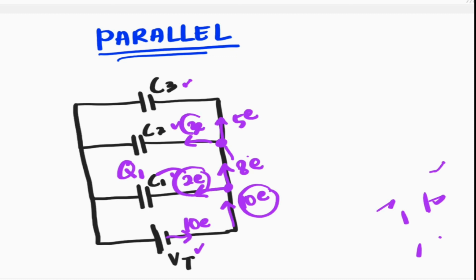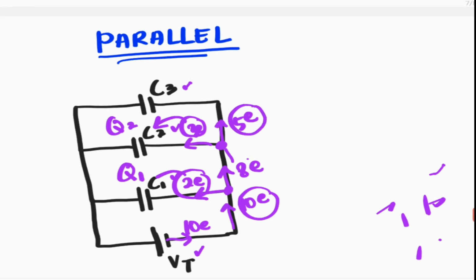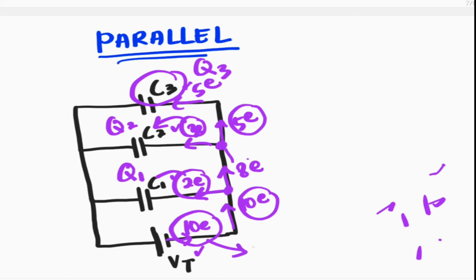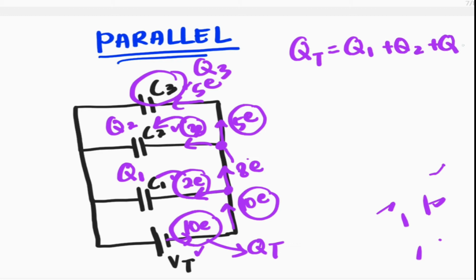These 3 electrons accumulate on C2, so this is Q2. And these 5 electrons accumulate on C3, so this is Q3. The total charge here is 10 electrons, so this is Q total. That means Q is not the same, right? So Q total equals Q1 plus Q2 plus Q3.